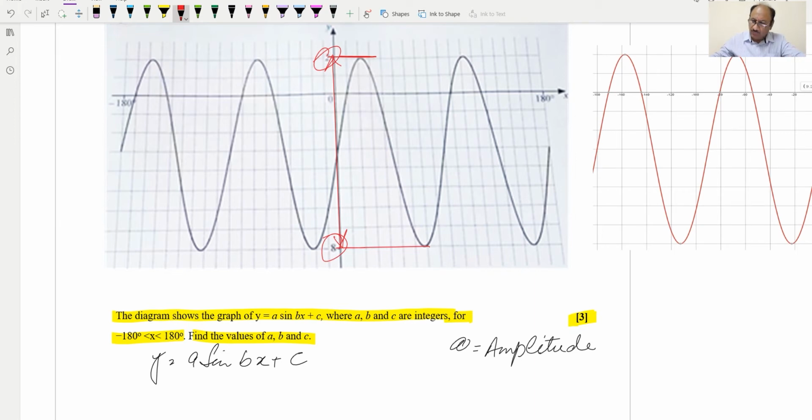Then 2 minus -8 divided by 2 is 10 divided by 2, which is equal to 5. So the amplitude a will be 5.